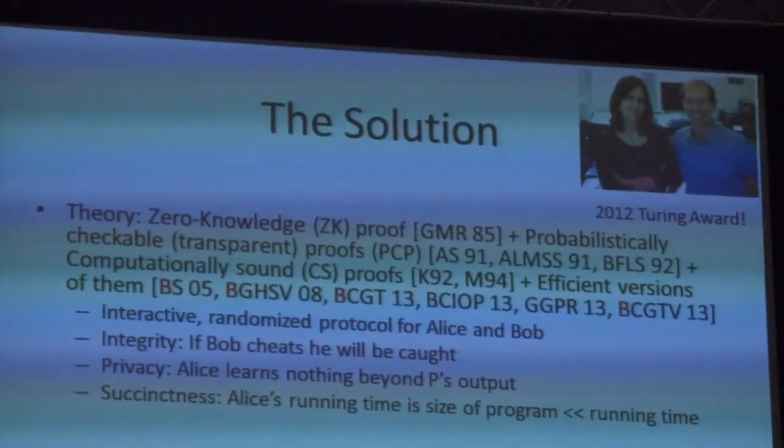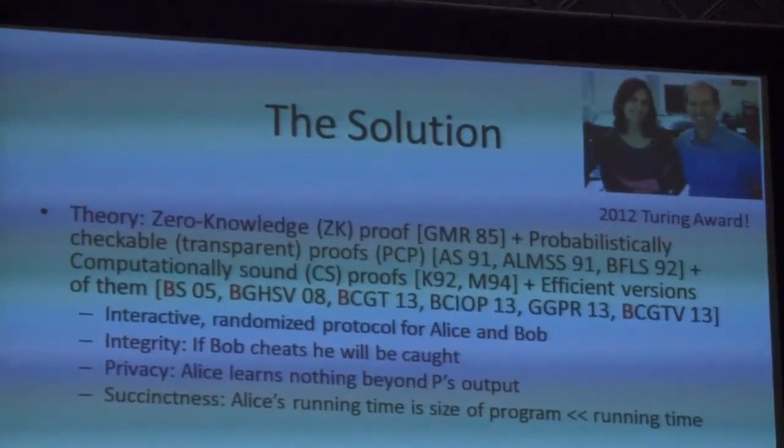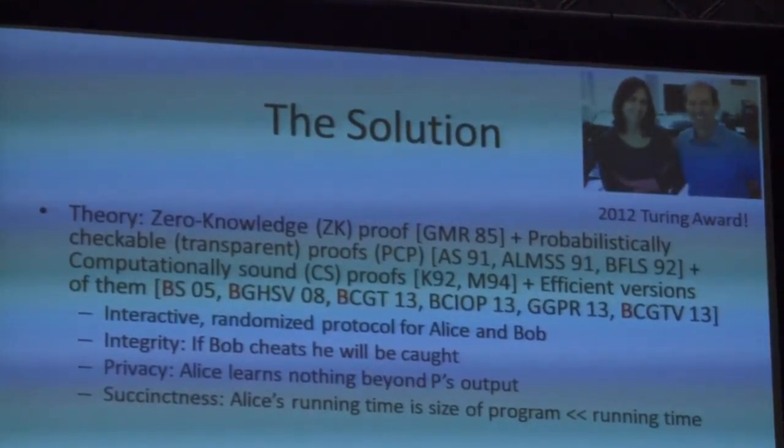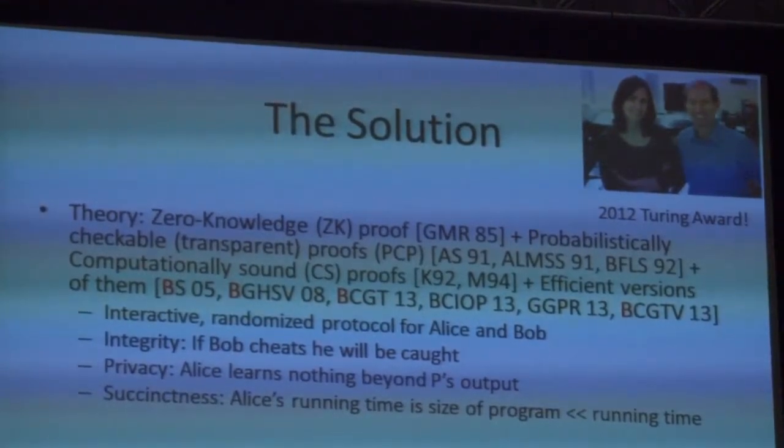Okay? And there are other amazing works about probabilistically checkable and transparent proofs, about computationally sound proofs, and all kinds of efficient versions of them, and that's the part that I've been most active in, which solve all of these three problems in a pretty efficient way.